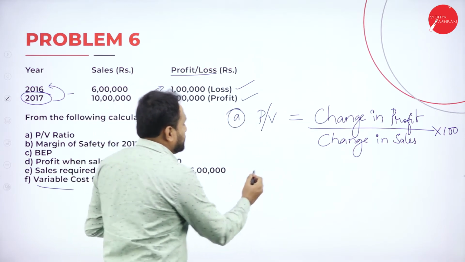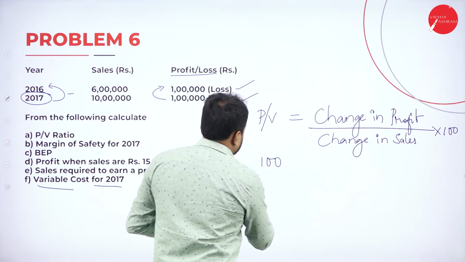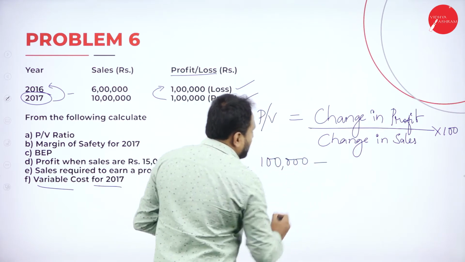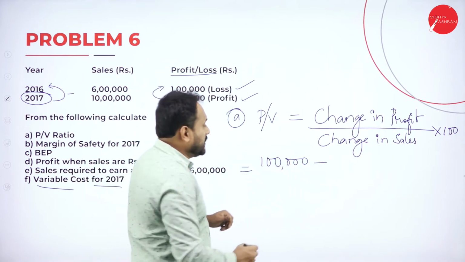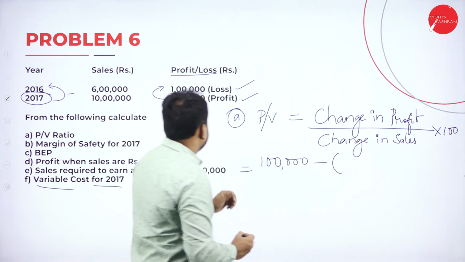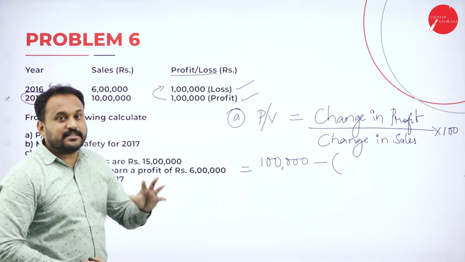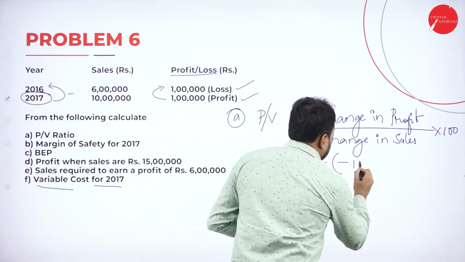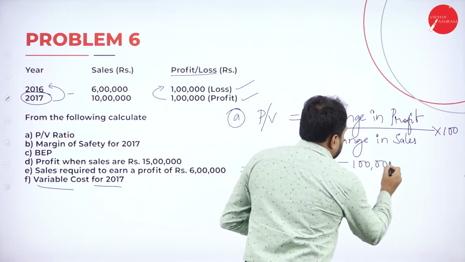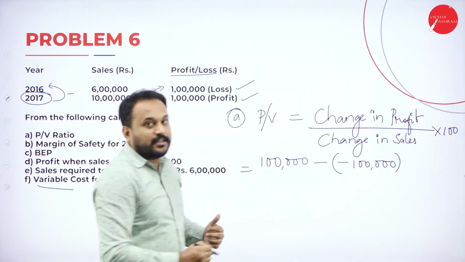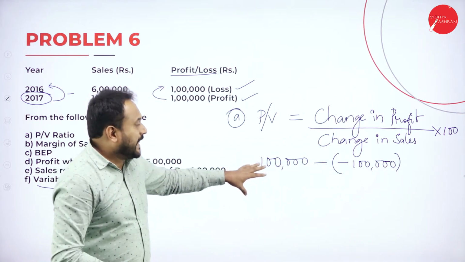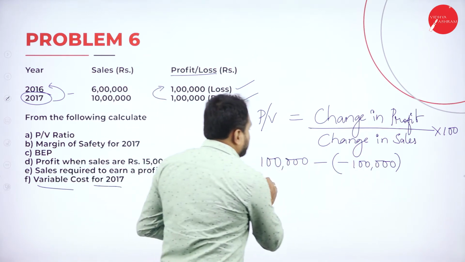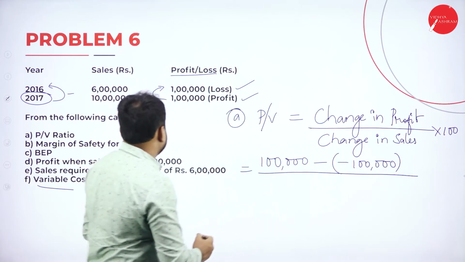See, the current year is what? 1 lakh. So we'll put PV is equal to 1 lakh minus, this is the function. But here what we have seen is, we have seen a loss in the sense it is represented with negative sign. So it is minus 1 lakh. Now try to understand this. 1 lakh minus of minus 1 lakh divided by, now change in sales is what?